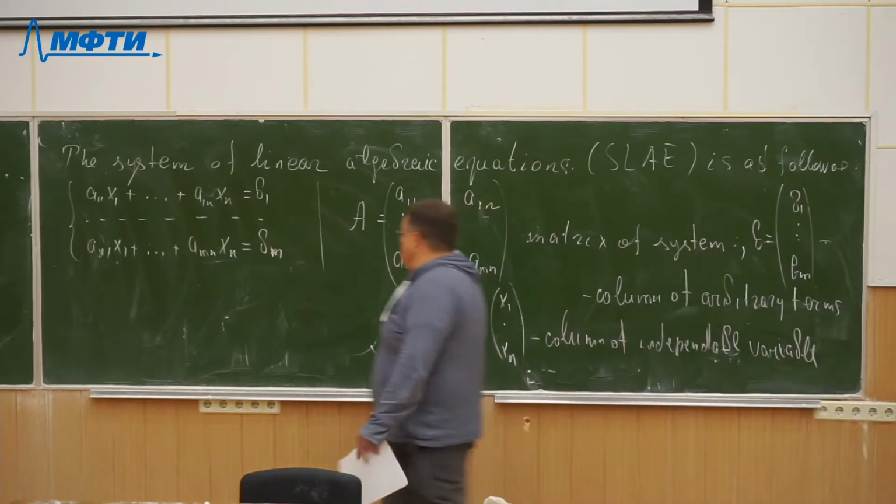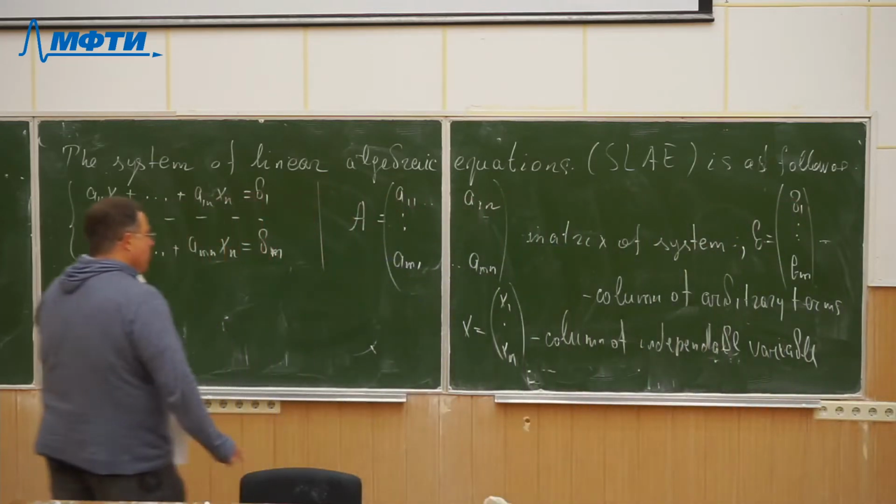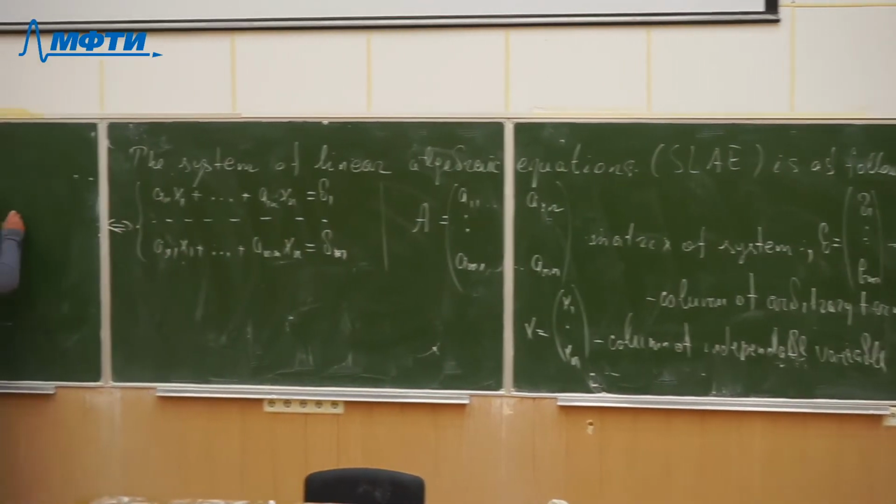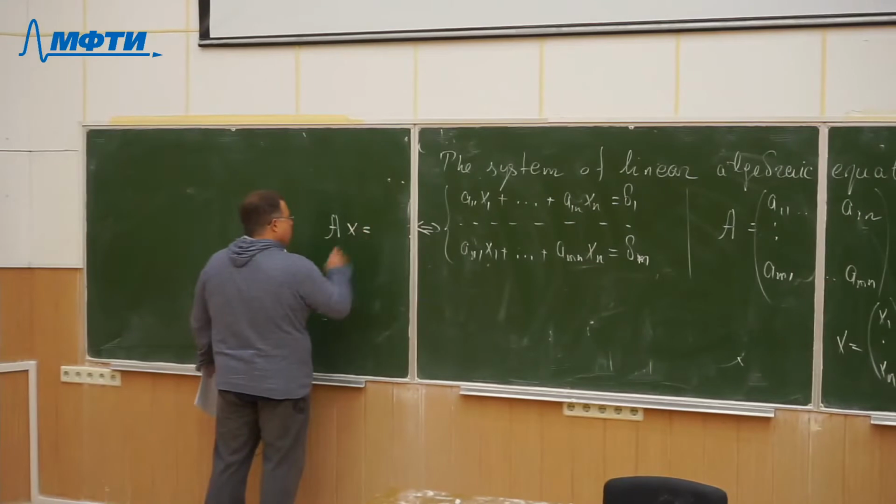With the help of A, B, and X, we can rewrite our system in the following form: A times X equals B.